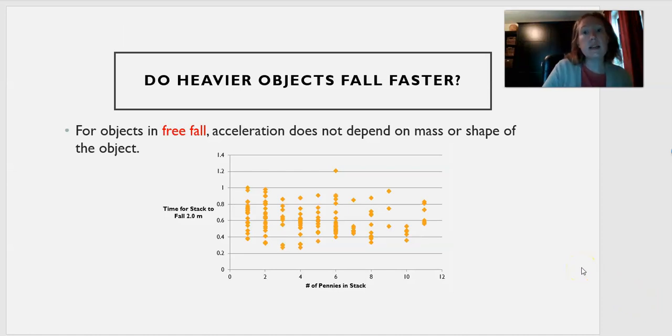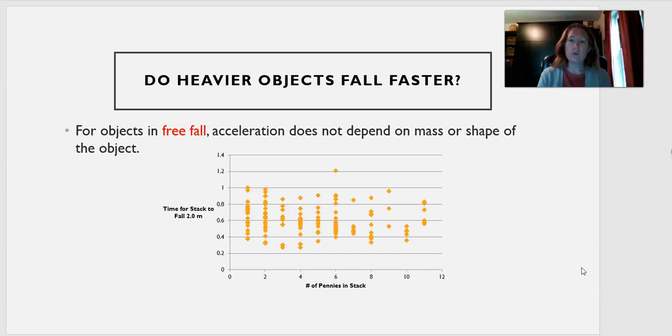So what we are saying here is that for objects in free fall, because we are ignoring air resistance, or basically we're saying there are some situations where air resistance is negligible or ignorable, then that acceleration does not depend on the mass or shape of the object.